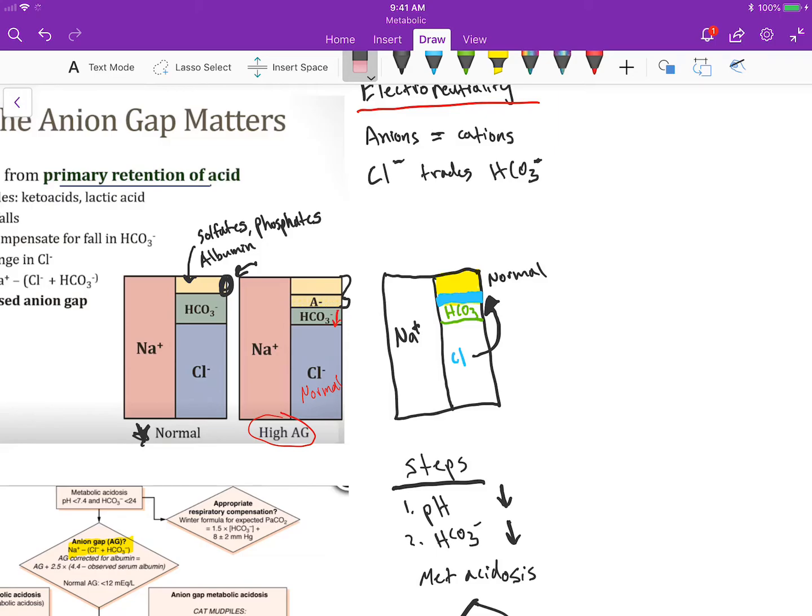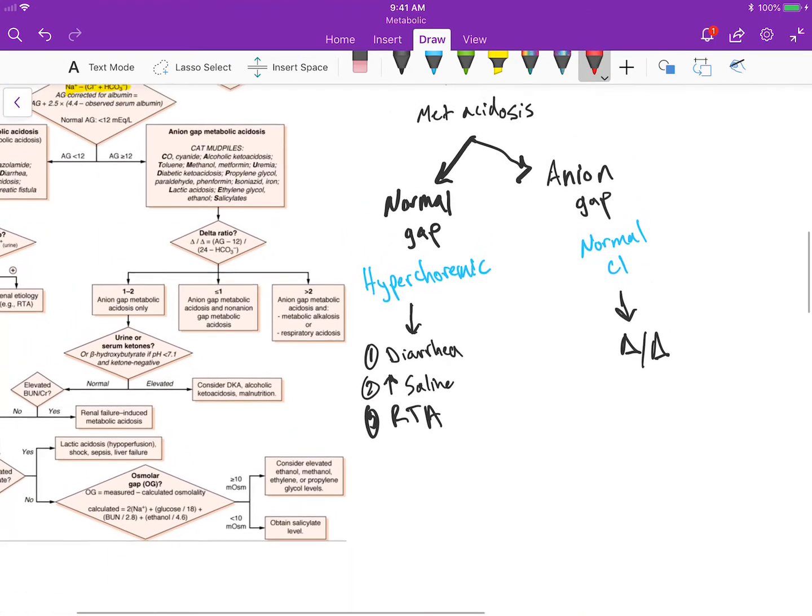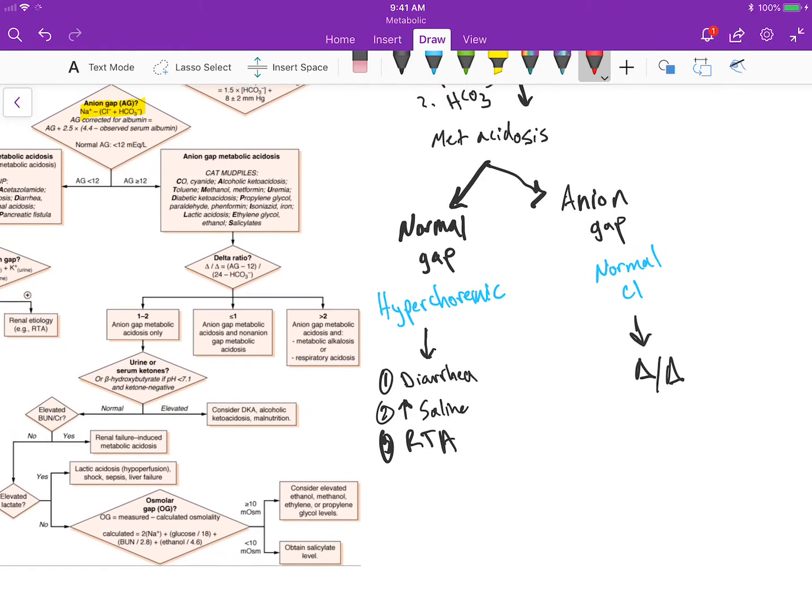The purpose of the delta delta is to identify if there's another metabolic disorder, an additional metabolic disorder at play.